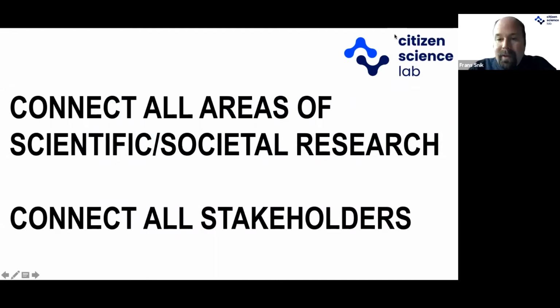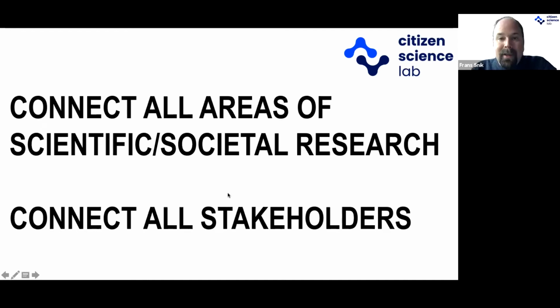So this kind of sums up our vision of what we want to achieve. We really want to connect all areas of scientific and or societal research. And this research can take on many shapes and forms, and it's absolutely not exclusive to coming from the university. I think more importantly, we want to connect all stakeholders in all phases of this research project. So really co-create projects together with citizen scientists and other societal stakeholders.